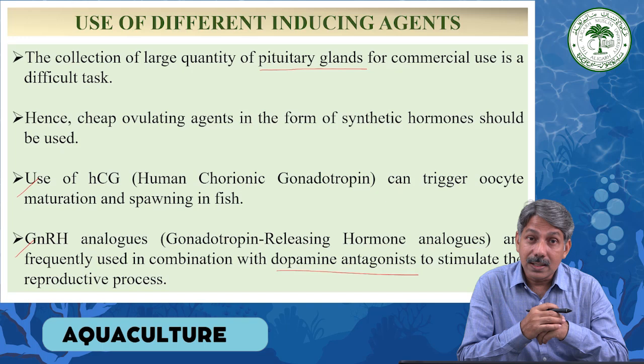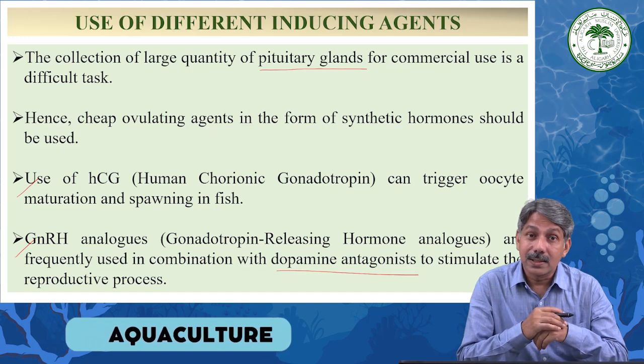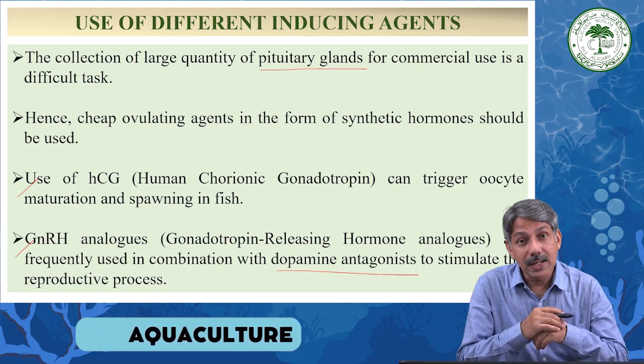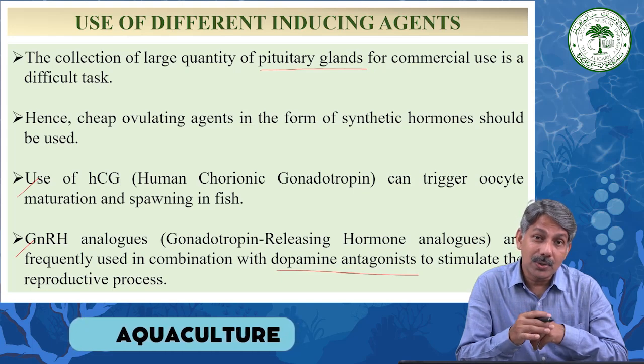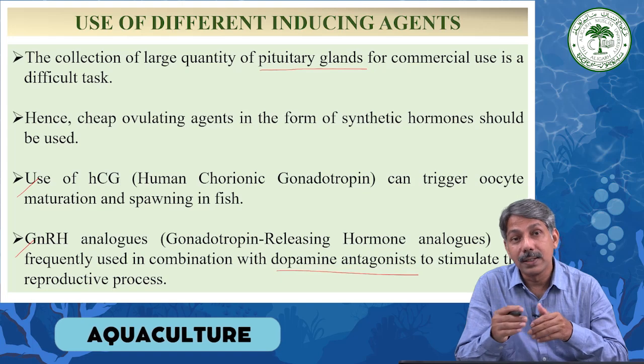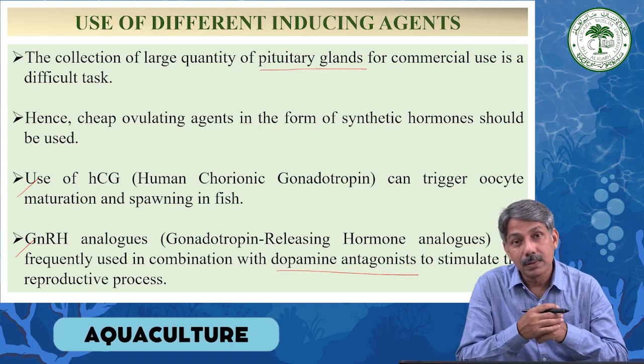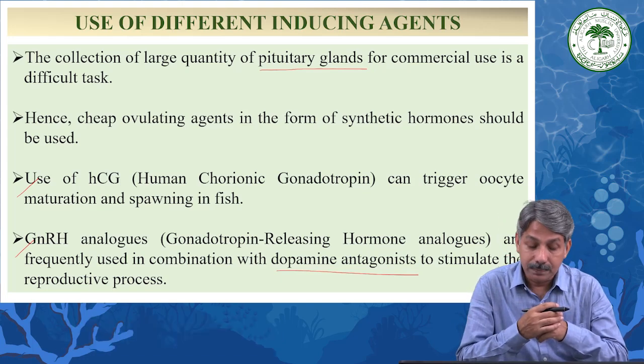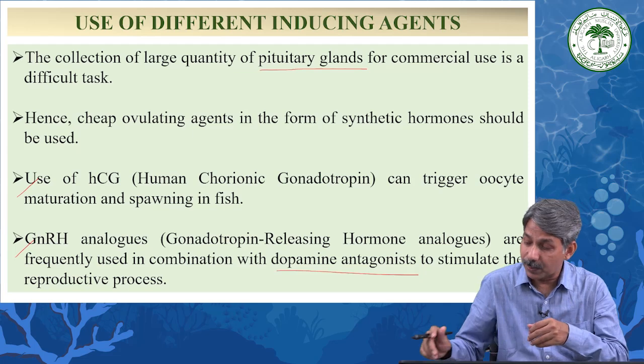Then GnRH activates the pituitary gland to release gonadotropins. Those gonadotropins act on gonads for the release of gametes. That's how the process takes place.